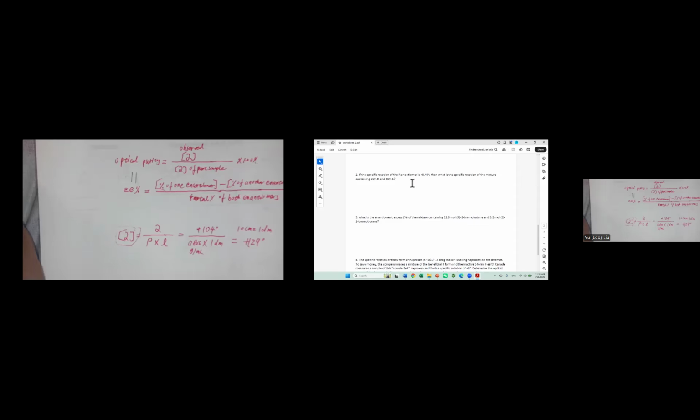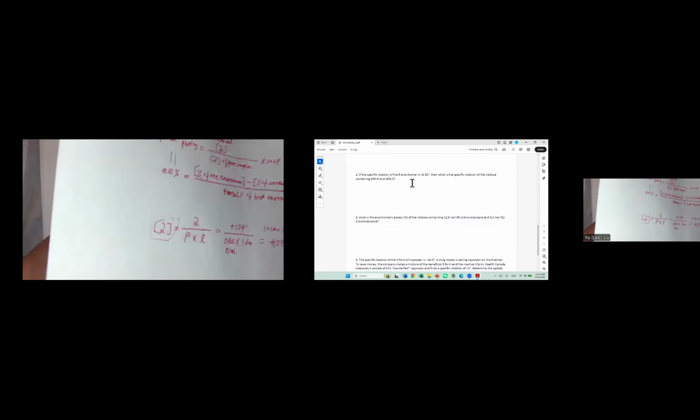Right, so now we work on the second question. Use this formula. Let me take this one off. The second question is: if the specific rotation of the R enantiomer is 8.4, then what is the specific rotation of a mixture of 60% R and 40% S?